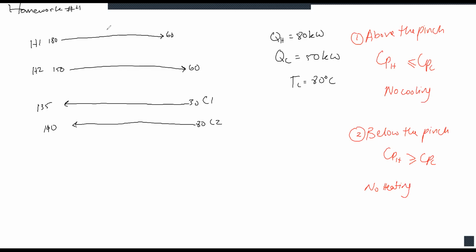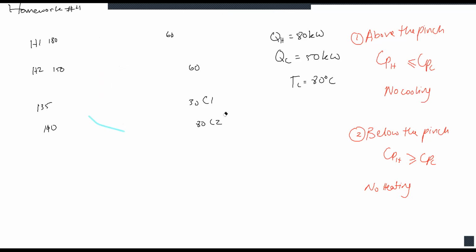So again, step 1 is to always just sketch out your streams. Step 2, we know our pinch point is 80 degrees Celsius, so I'm going to draw 2 lines down the middle of this diagram. Let's give ourselves some space when drawing, and you should always give yourself some space because we will be sketching.